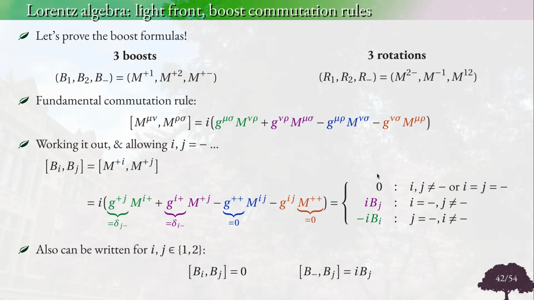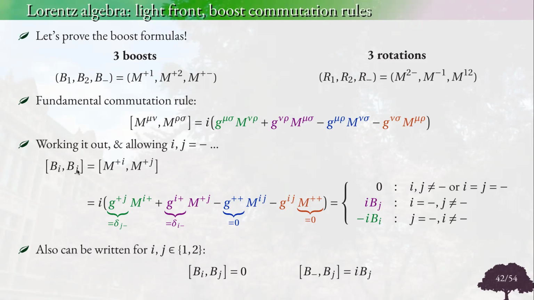If neither i nor j is minus, then we get 0 from our commutator, so our transverse boosts commute. If i is minus, the purple term survives, and you get i, Bj. And if j is minus instead, then we get minus. And of course, both i and j being minus would mean they commute, because you're commuting something with itself. That's always 0.